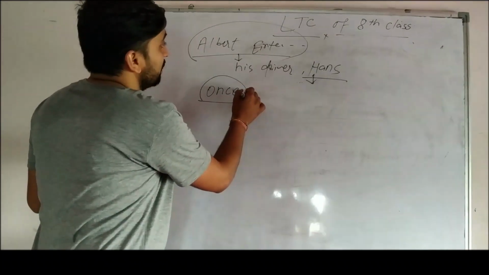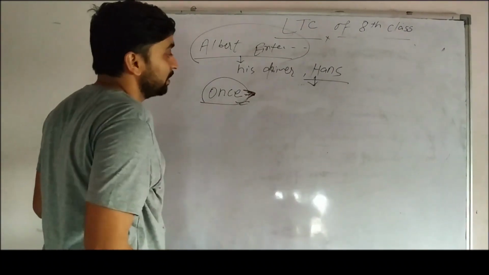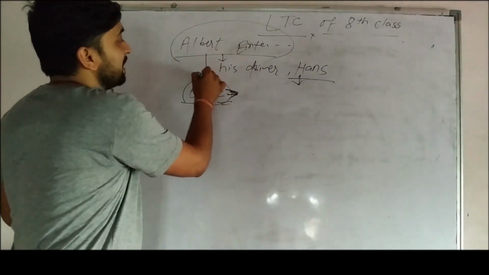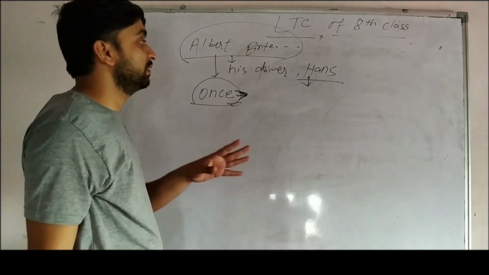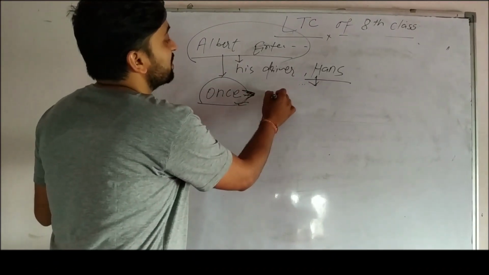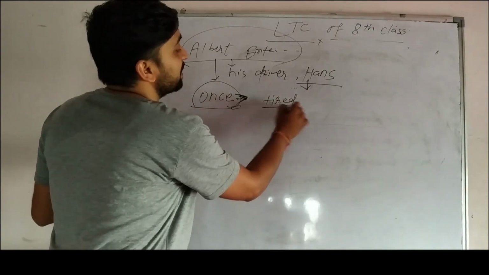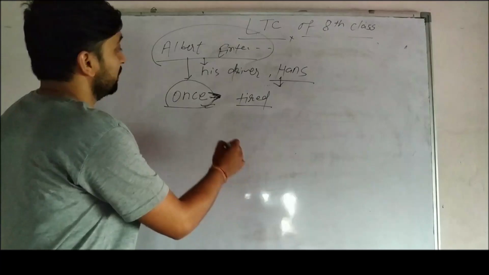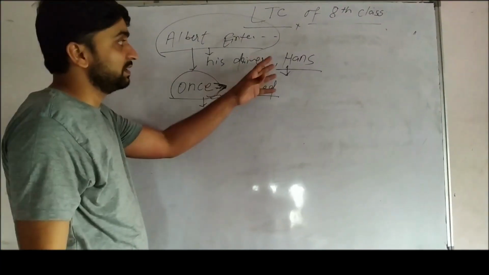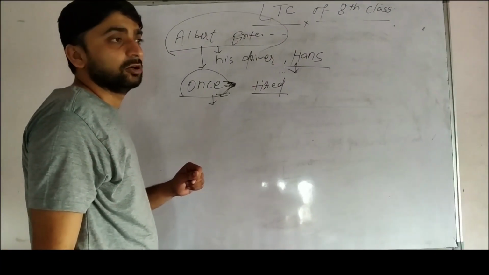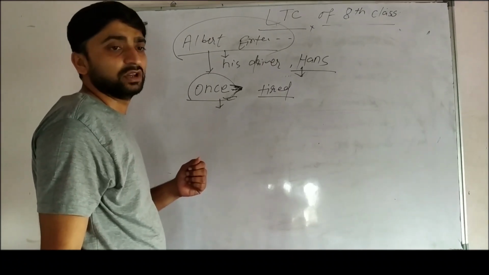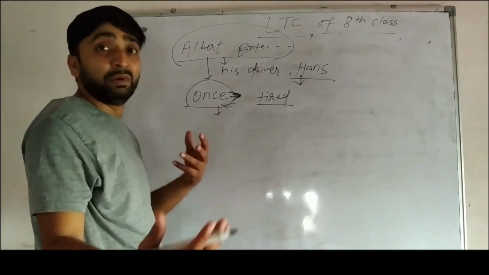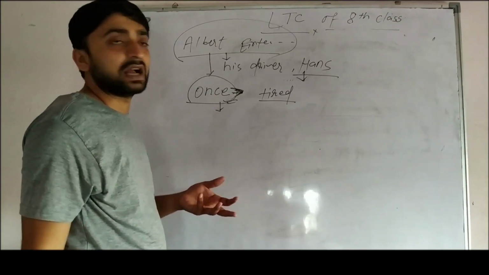Einstein had to give a lecture about physics, but that day he was very tired and didn't like to give any kind of lecture. So he shared with his driver Hans that he did not want to give the lecture today. What to do, but he had to do it. But he was unable because of tiredness.